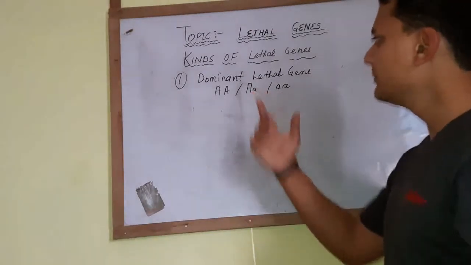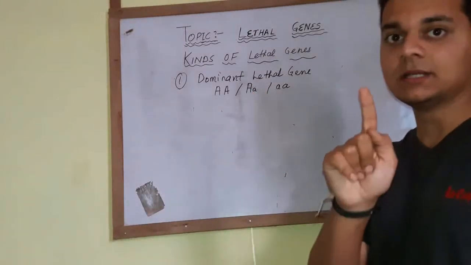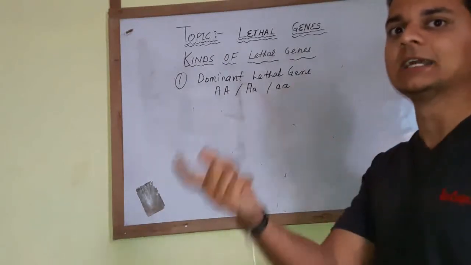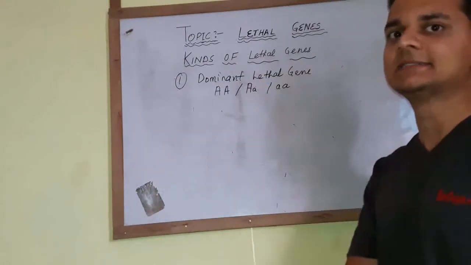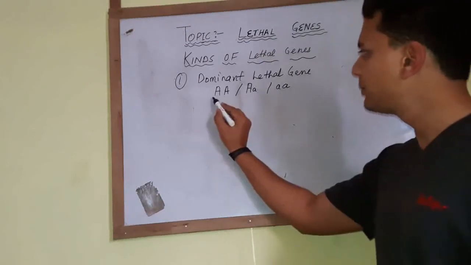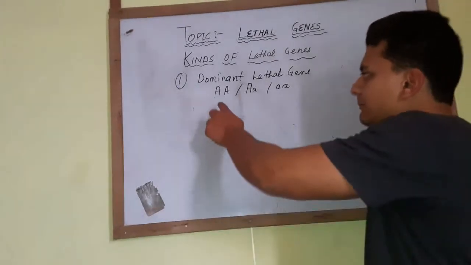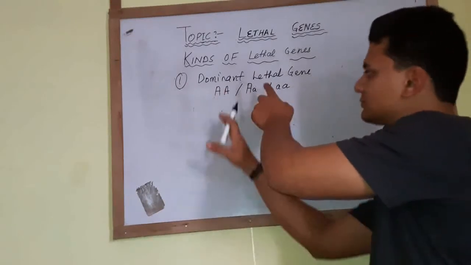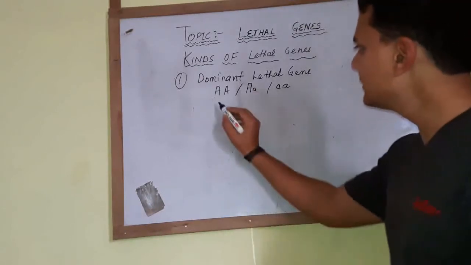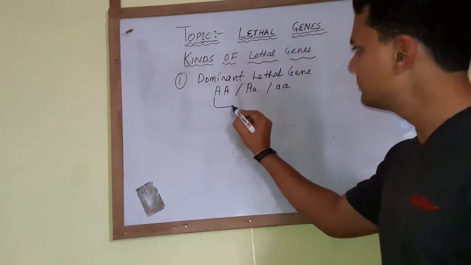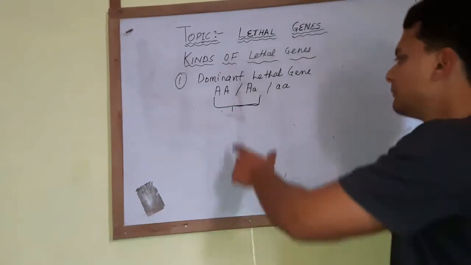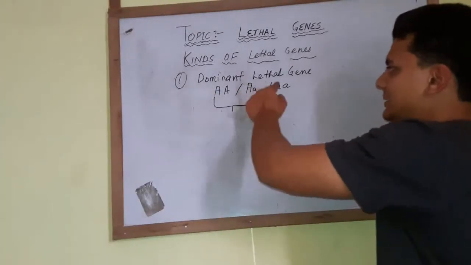So when we talk about dominant lethality, only the dominant allele or dominant gene will show its lethality. Recessive never dies, only dominant will die, right? If the pair of pure dominant is there, then it is sure that this one will die, but there are chances of death in the heterozygous also. So we will consider both of them to be dead. They both will die in the case of dominant lethality.